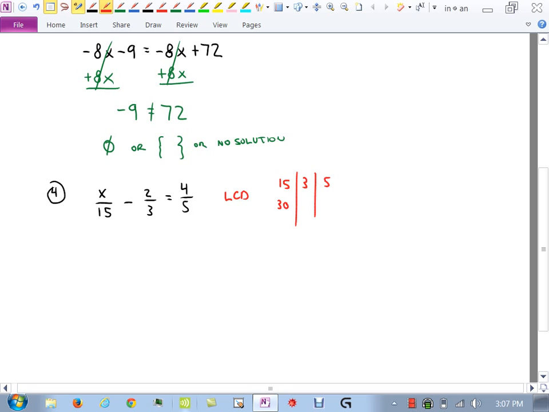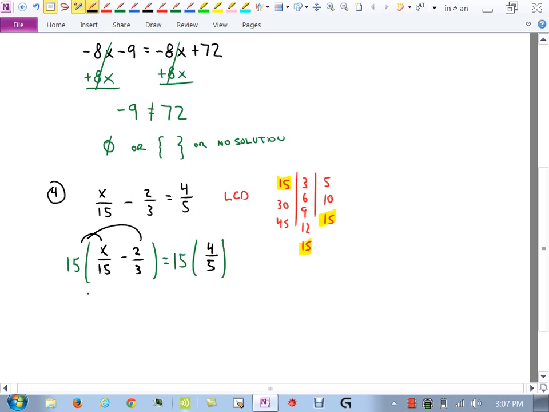I list out multiples, and I find what they have in common. The smallest one in common is 15. So what I'll do now is multiply the entire left side by 15, and the entire right side by 15. So here's my left side. Here's my right side.